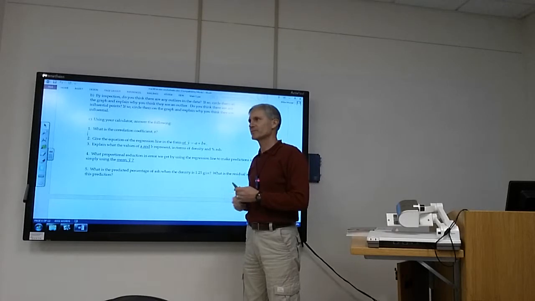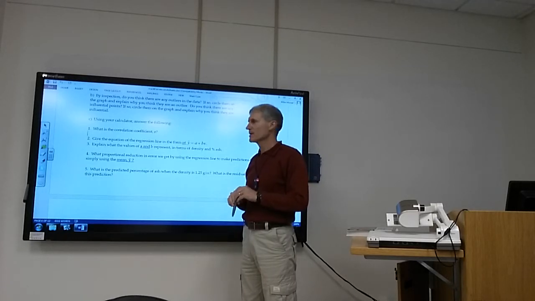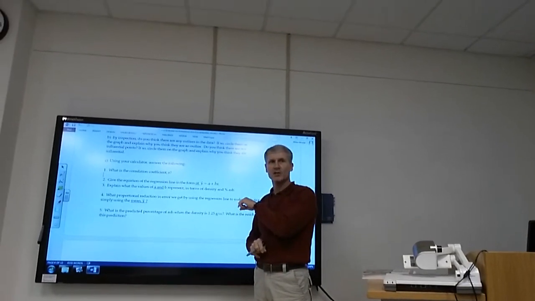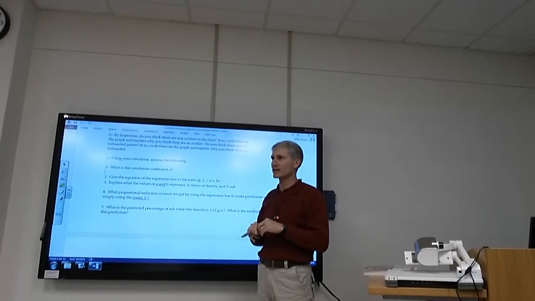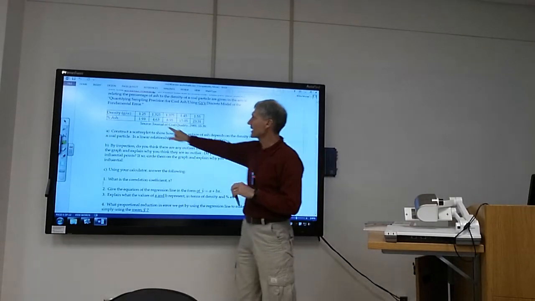Now, what's the slope? The change in ash according to the density for 1. Yeah, exactly. So it's the change in whatever your y variable is, in this case percent ash, per unit change in x. Now in this particular data set, look at x.